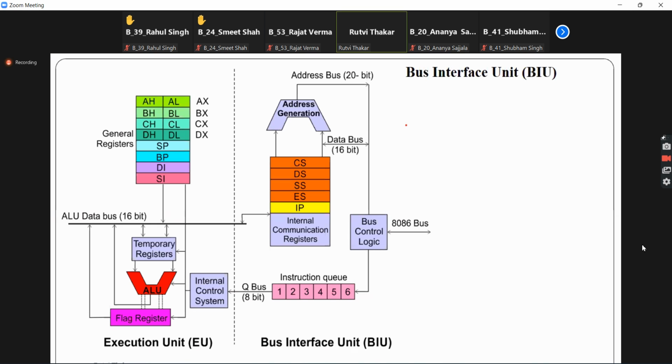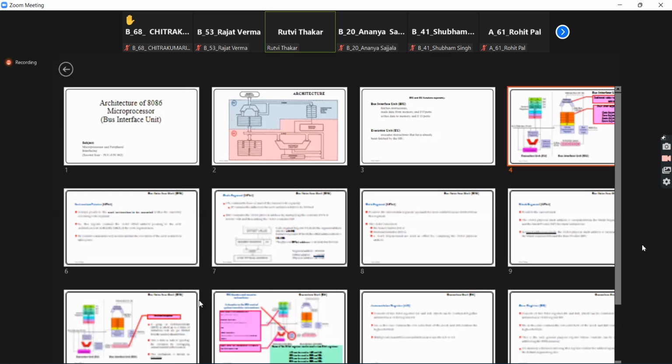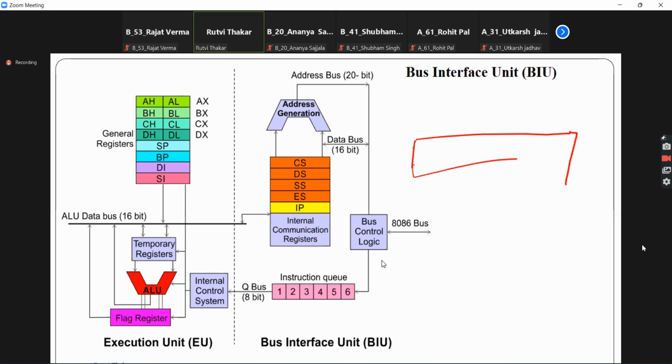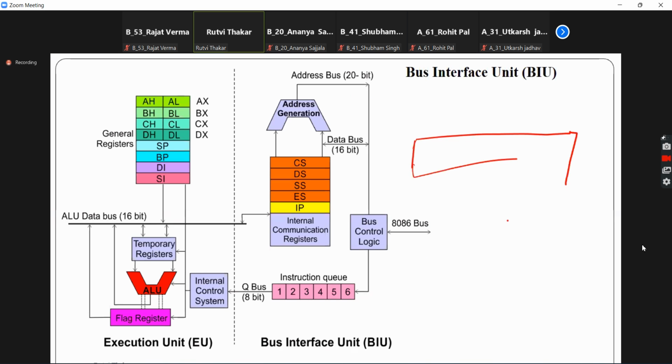So we were talking about how the registers are designed.